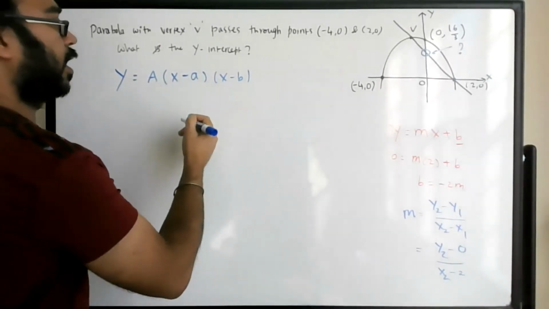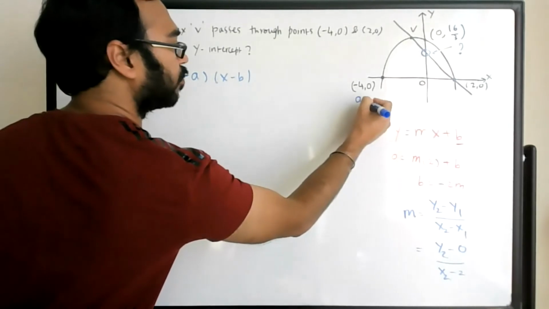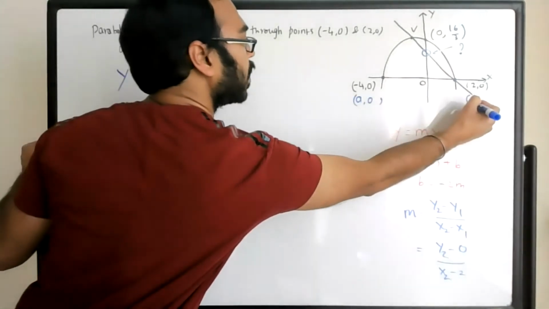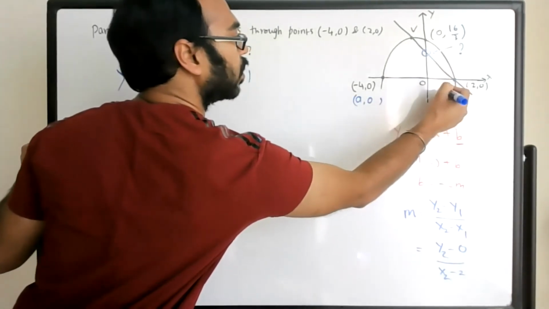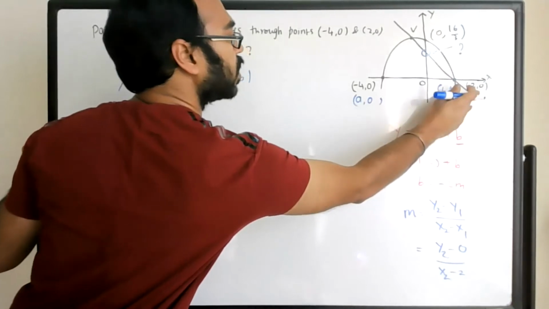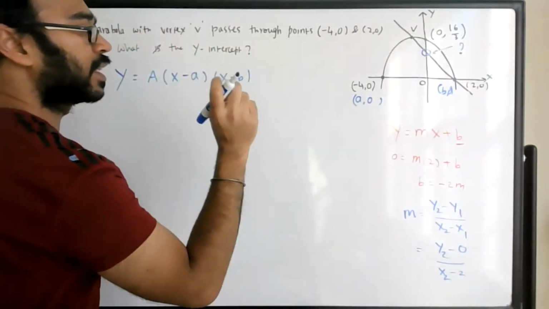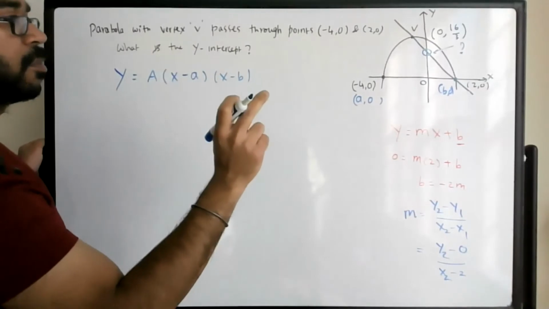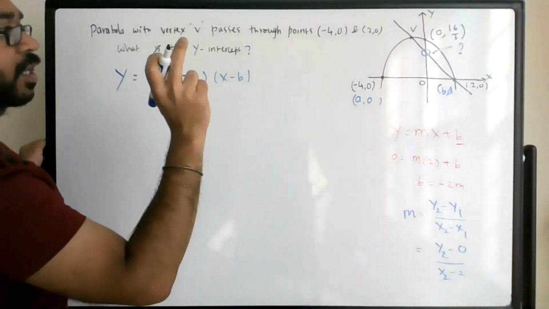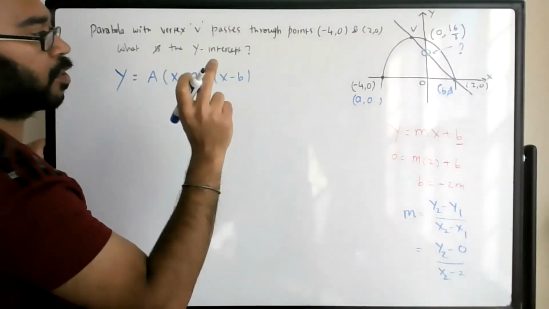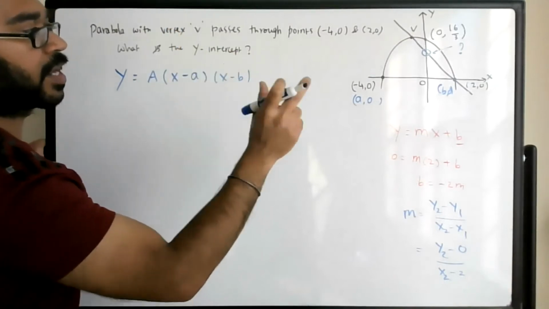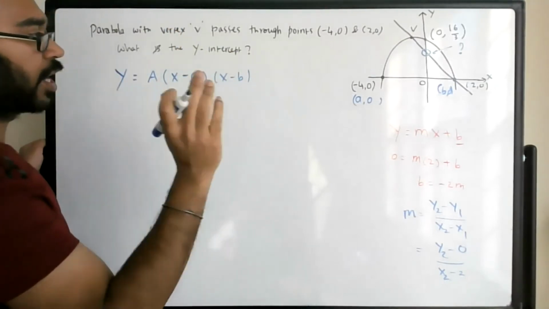What are these a and b? The a and b are the points on the x-axis where the parabola cuts it, essentially the x-intercepts.